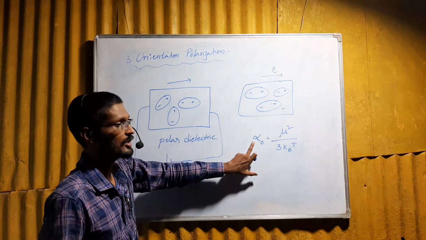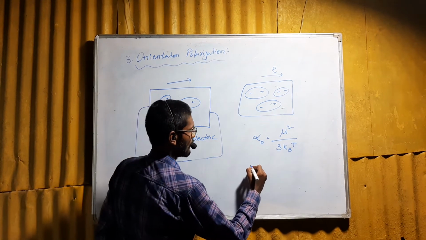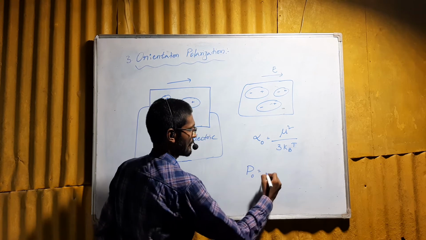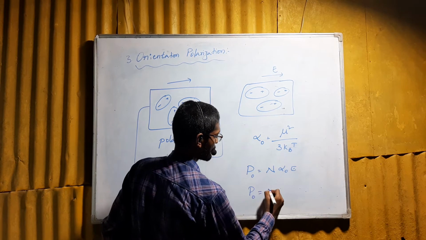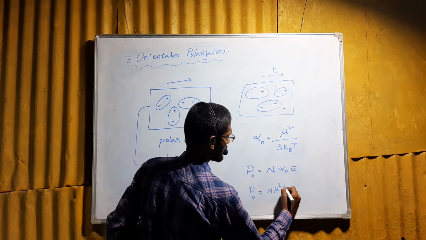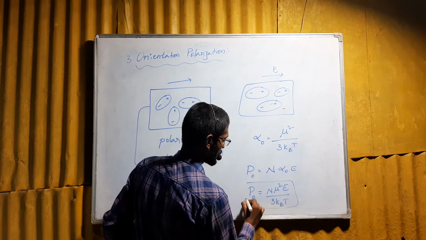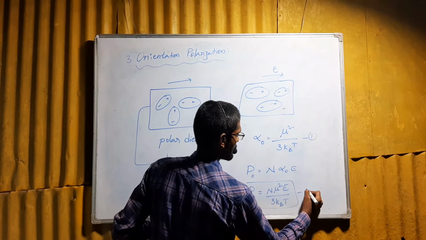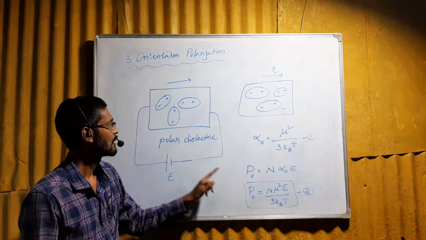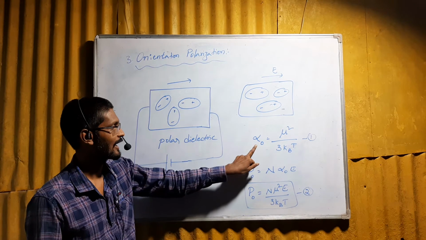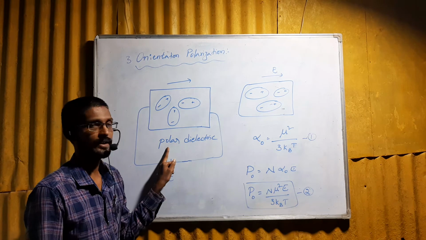The orientation polarizability alpha O can be given as mu square by 3k bt, and orientation polarization PO can be given as n alpha O capital E, which is PO is equal to n into mu square capital E by 3k bt. This equation represents orientation polarization produced in polar dielectric materials, and alpha O represents orientation polarizability produced in polar dielectric materials.